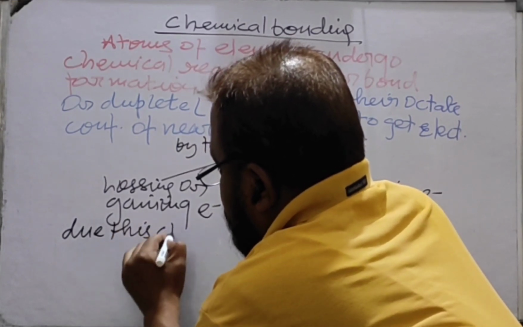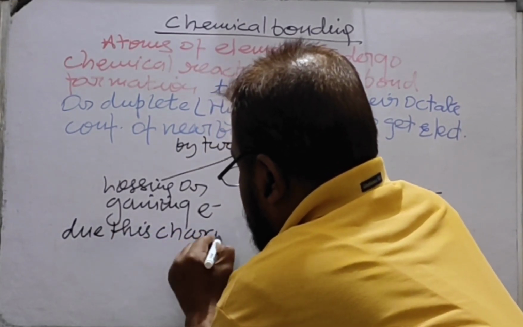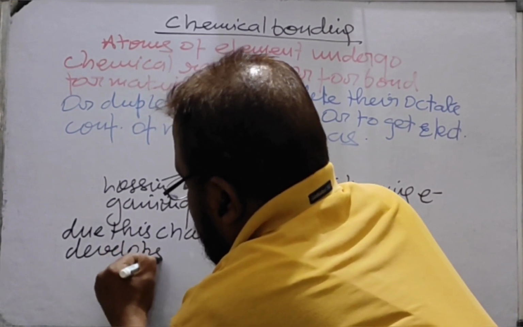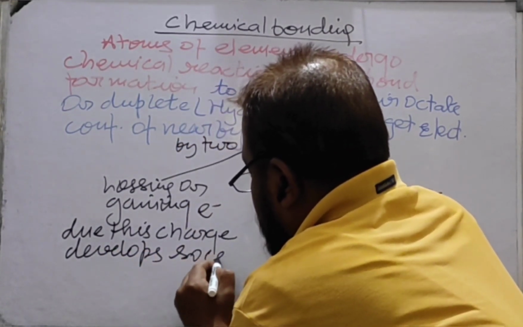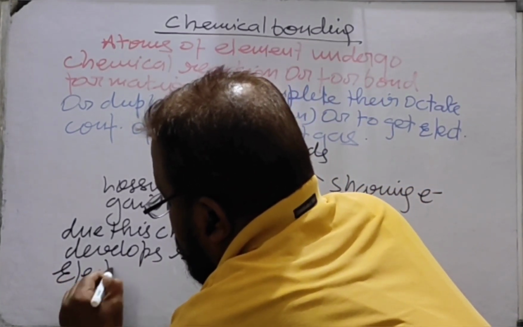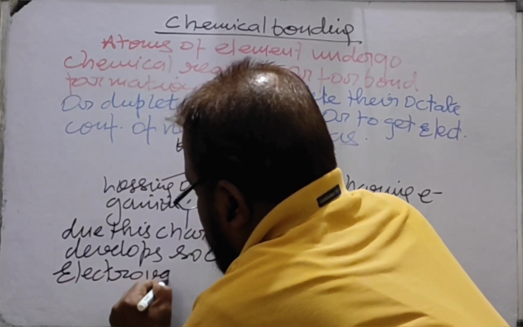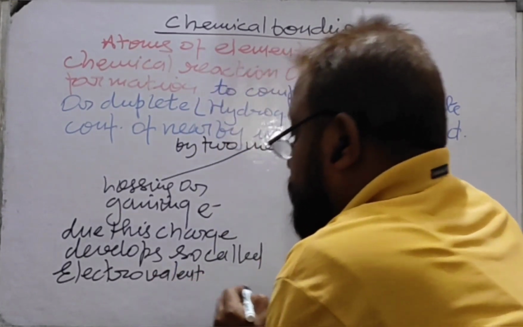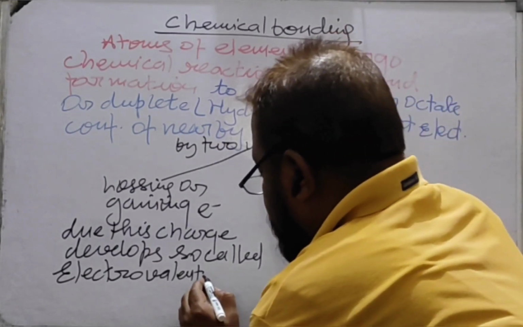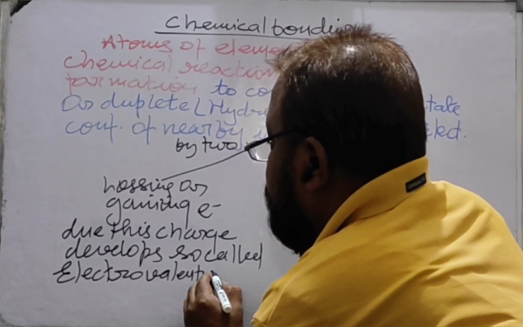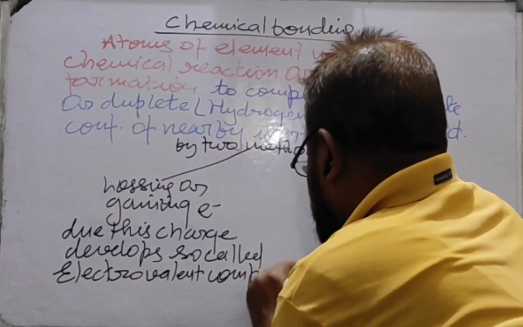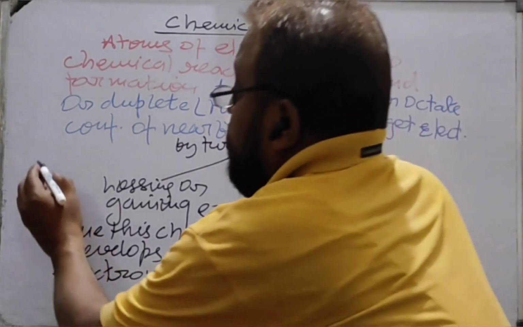Due to losing or gaining electrons, charge develops on atoms, giving so-called electrovalent compounds or electrovalency.